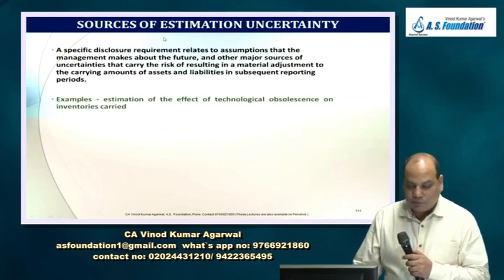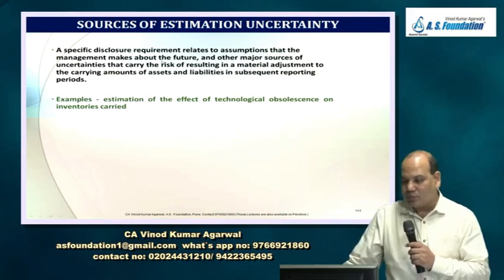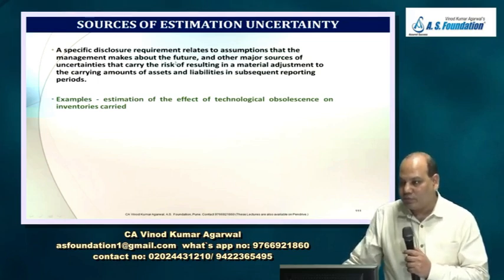Next is sources of estimation uncertainty. A specific disclosure requirement relates to assumptions that the management makes about the future. So this is a specific disclosure requirement if the management has made assumptions about the future.